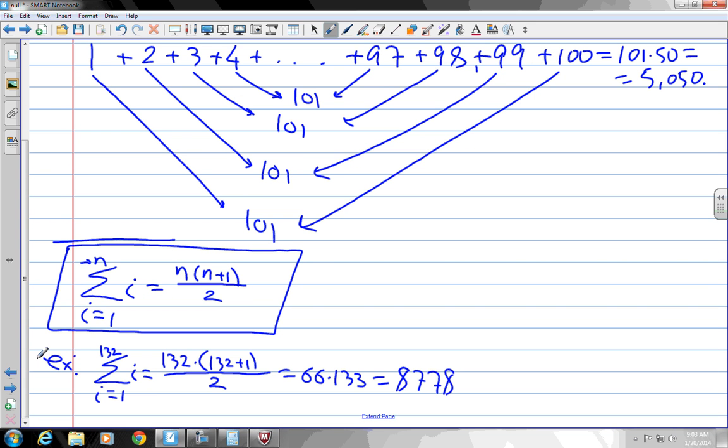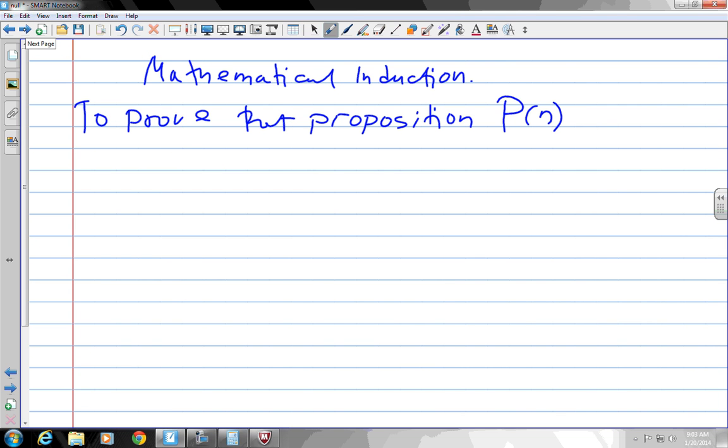That's what I mean by proposition. So for some n, here's the statement. We'll use that notation for a minute. We need to follow two steps.